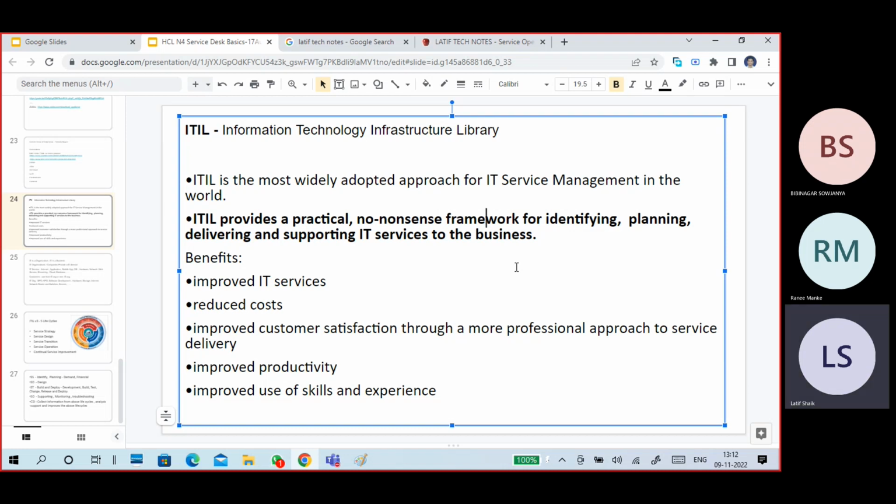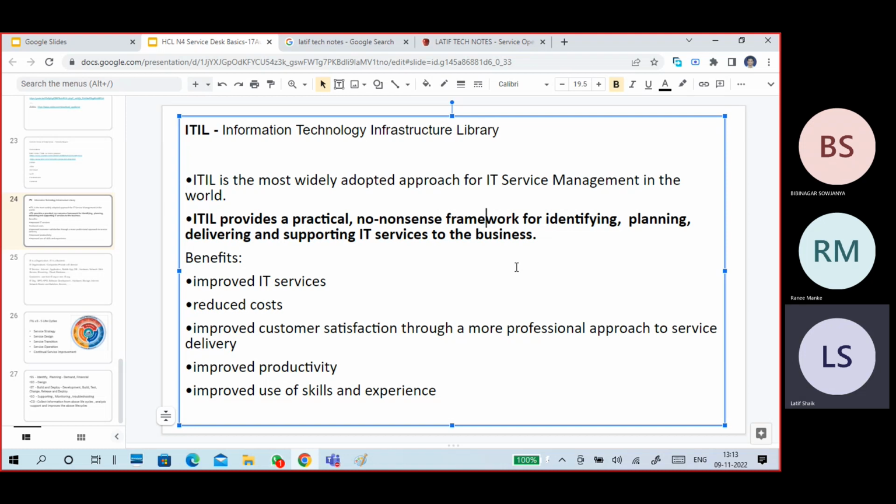So it provides a practical, no-nonsense framework for identifying business service requirements. Planning means how to plan to provide that service. Delivering, giving the service to the customer. Supporting IT services: the customer is getting a service, now we have to give support.